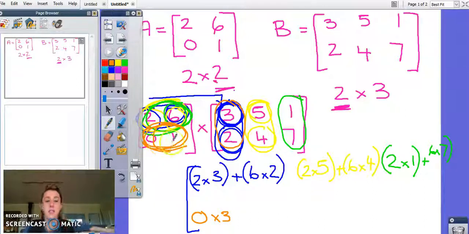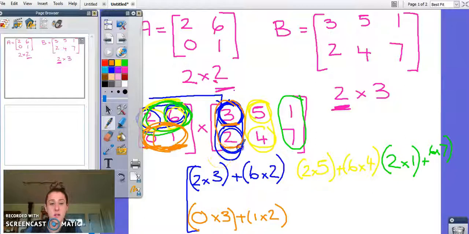So again, take it across and turn it. And that's a 1 hidden under there, a 1 multiplied by the 2. So you can see I've taken the 0 and multiplied it by the 3, and the 1 multiplied by the 2.